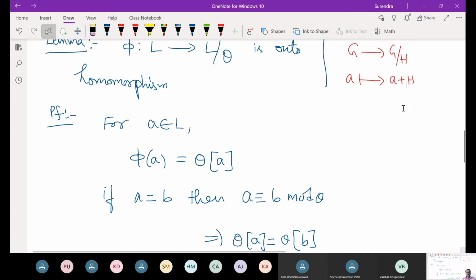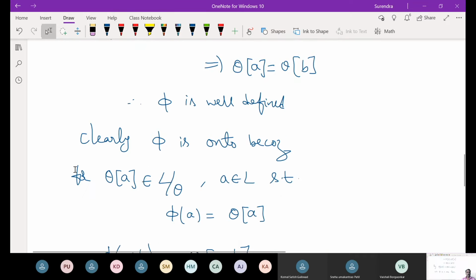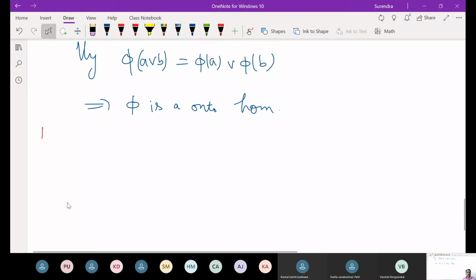Now whatever we have here, similarly we can prove a result. You can call it the homomorphism theorem.